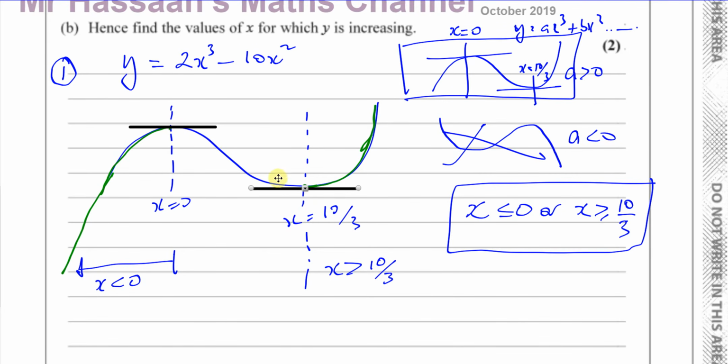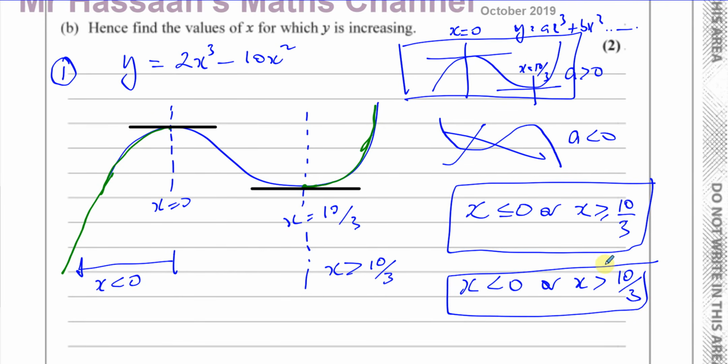I personally prefer to write my answer in this way: x is less than 0 or x is greater than 10 over 3, because for me this makes more sense, and for students at A-level maths, that's perfectly fine. We don't need to complicate things.